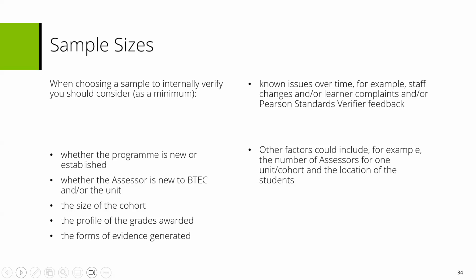Have there been any known issues over time, for example, staff changes throughout the year, or learner complaints related to grading, or any Pearson standards verification feedback that may alter your sample sizes? Other factors could include the number of assessors for one unit or cohort, and where the location is of your learners completing their qualification.